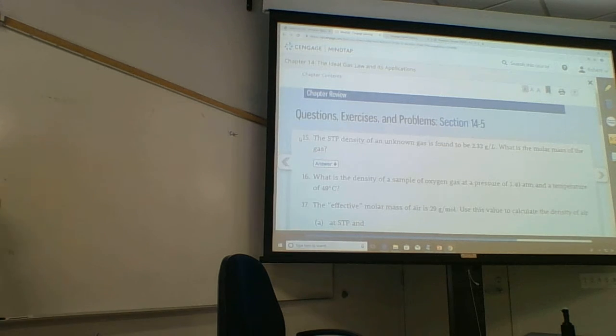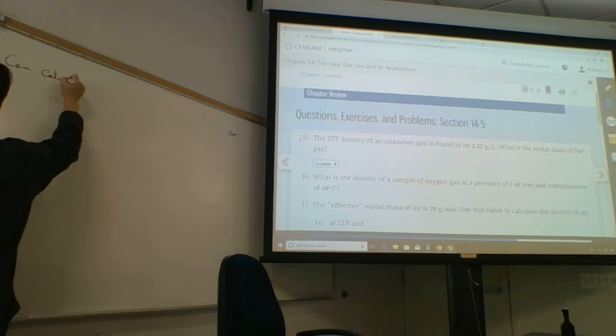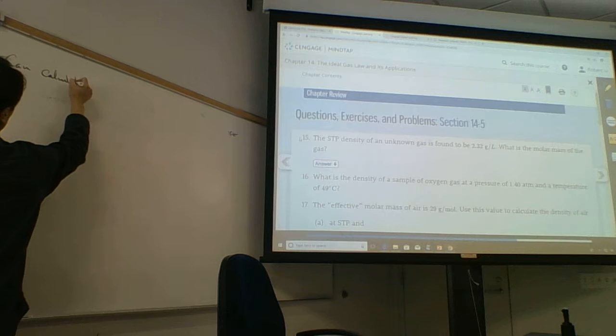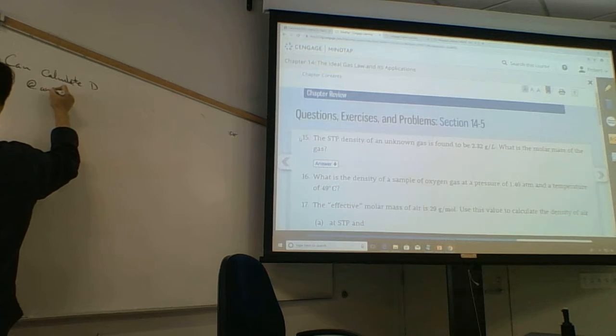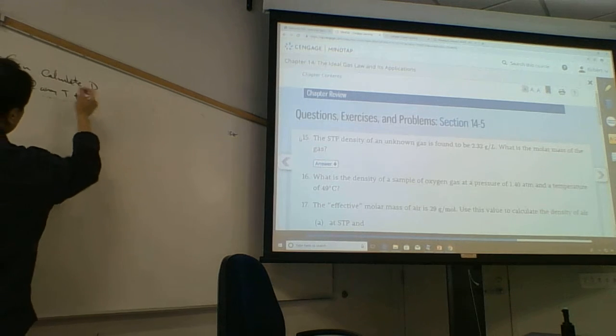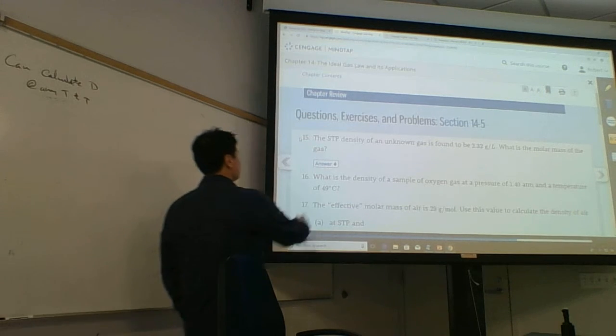And so with this equation, we can calculate D, density, at any temperature and pressure. And so there's a special temperature and pressure called STP.